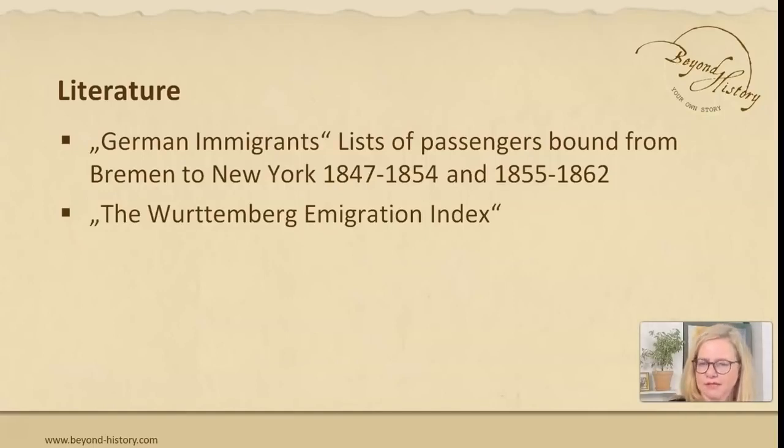There's on one hand the series of books with the German immigrants' lists of passengers bound from Bremen to New York, based on the arrival records in New York, covering the years 1847 through 1862. There's also this 5-part book series, I think, the Württemberg Immigration Index, which is based on local records in Württemberg, as well as, it's my understanding, also arrival records in the US.